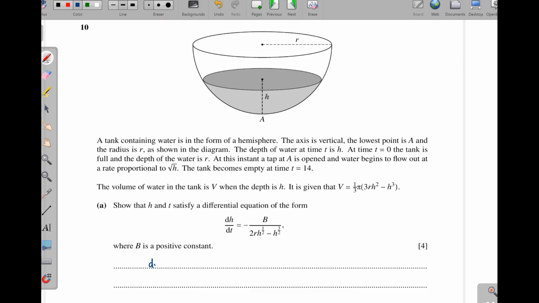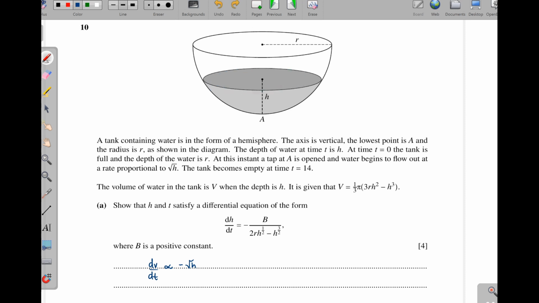So dV, in fact they said that water begins to flow out at a rate proportional. So we shall say that dV/dt is proportional to the root of h. Or maybe better I can say to negative root of h, because water is flowing out, the volume is reducing.